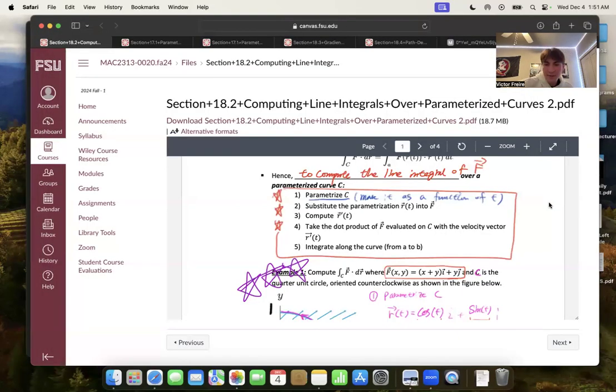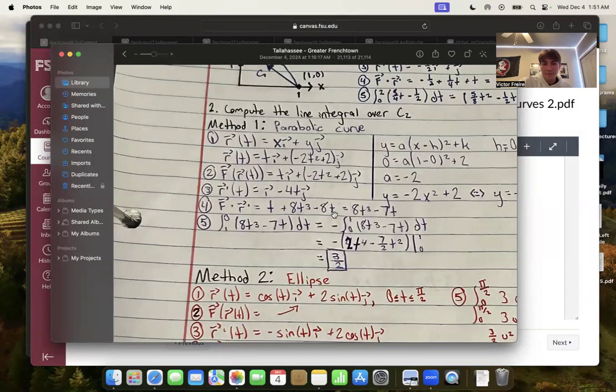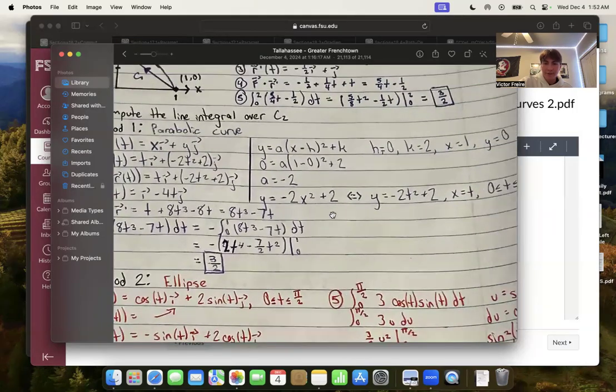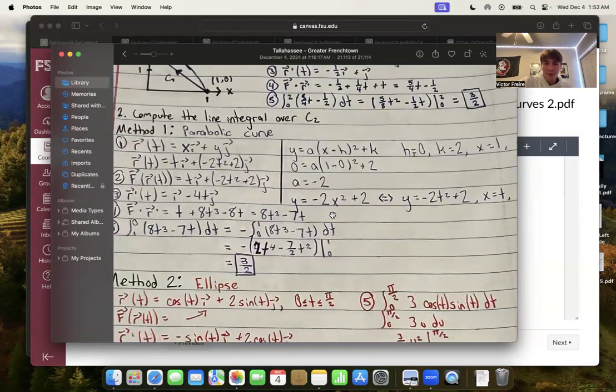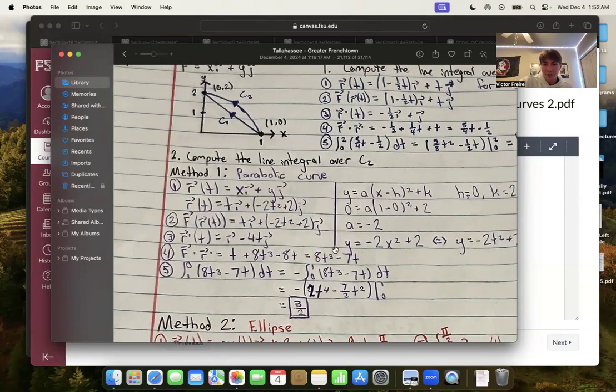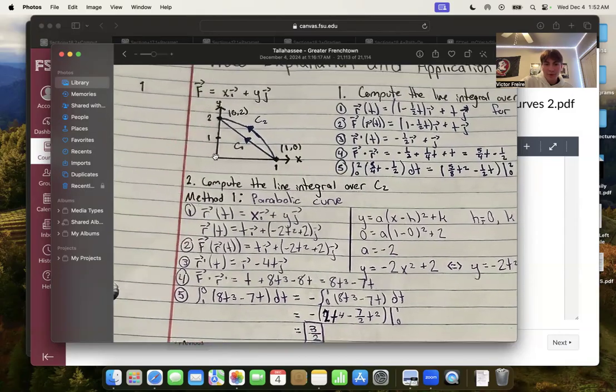Finally, step 5, just integrate from a to b. So, as I was saying before, normally when we have a parabola like this, we have this equation right here. It moves from left to right.